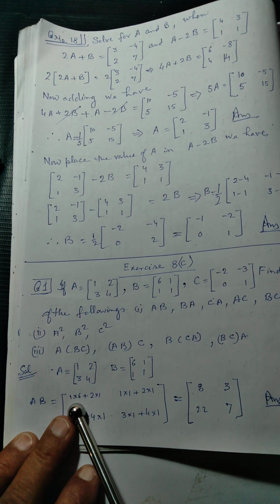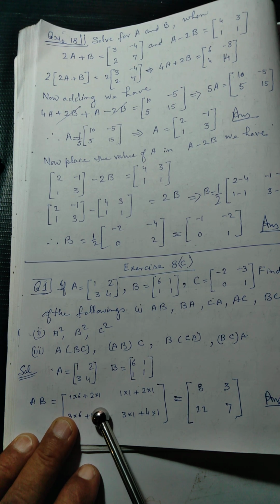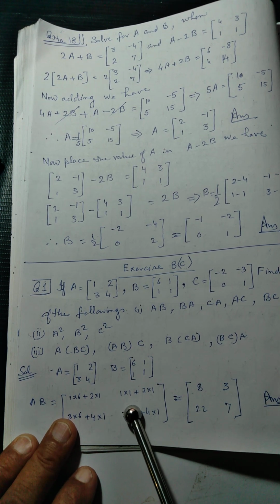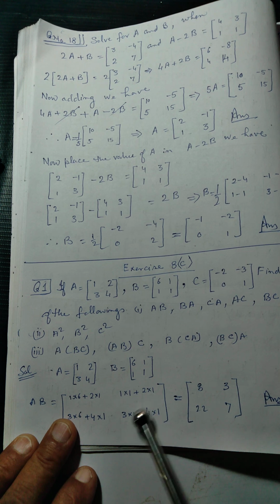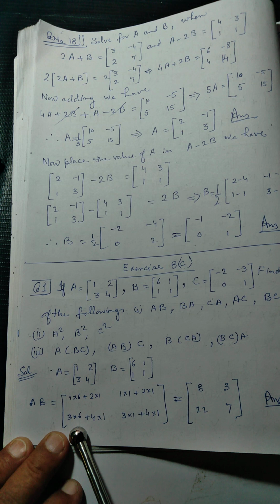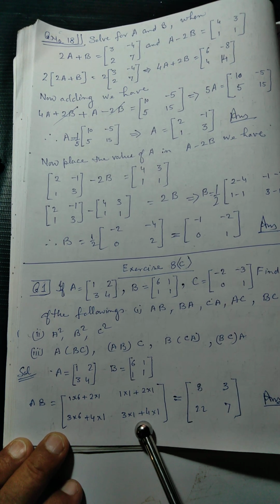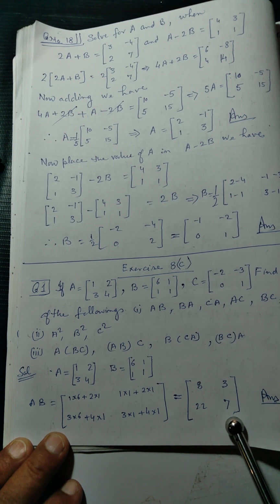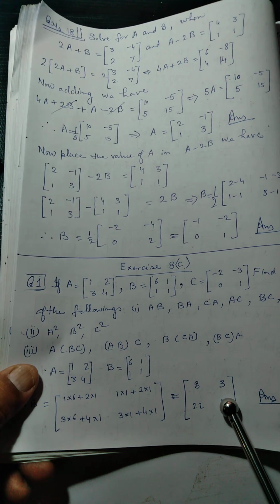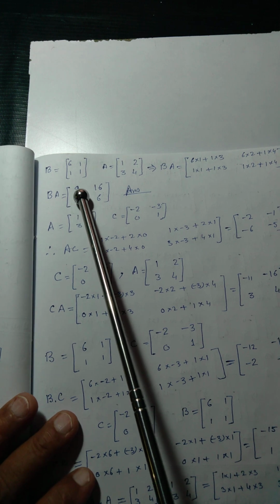So now you see 1 into 6, 6, plus 2 into 1, that is 2, that is 6 plus 2, that is 8. Here you see 1 into 1, 1, and 2 into 1, 2. So 2 plus 1, that is 3, I have written here. 3 6s are 18 plus 4, that is 22. 3 into 1 plus 4 into 1, that is 3 plus 4, 7. This will be the answer of the first part of the first question.